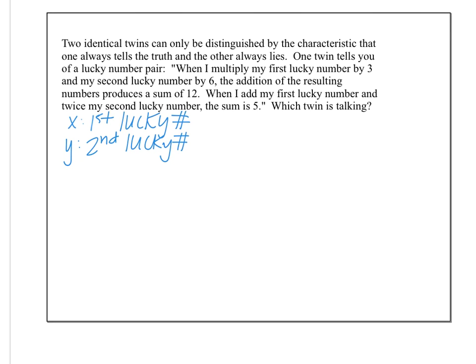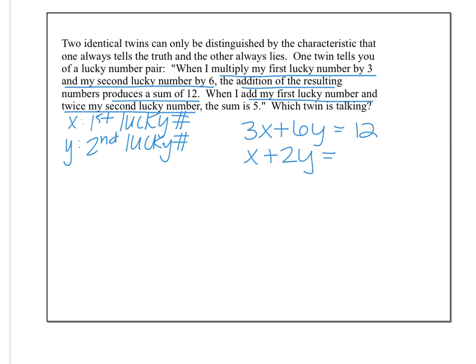When I multiply my first lucky number by 3 and my second lucky number by 6, that would be 3x and 6y, the addition, so we're adding them, produces a sum of 12. When I add my first lucky number and twice my second lucky number, the sum is 5.